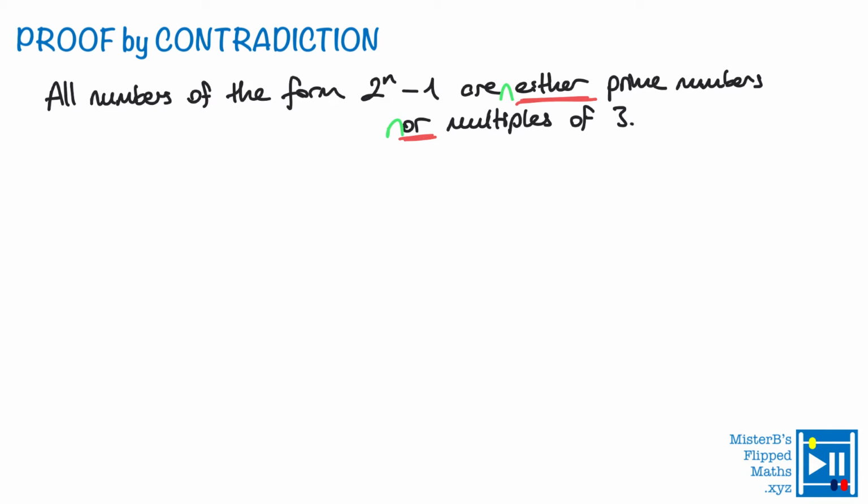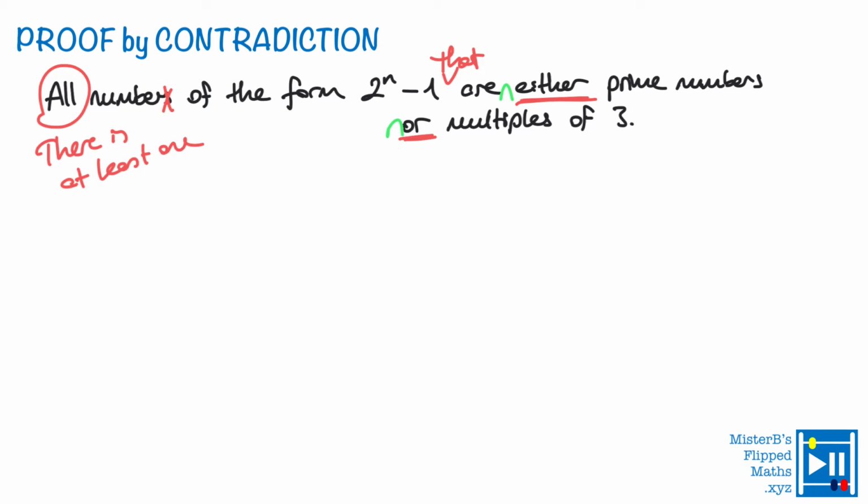Certainly, you also have to play with this one, and you have to say there is at least one number of the form 2 to the n minus 1 that are neither prime numbers nor multiples of 3.